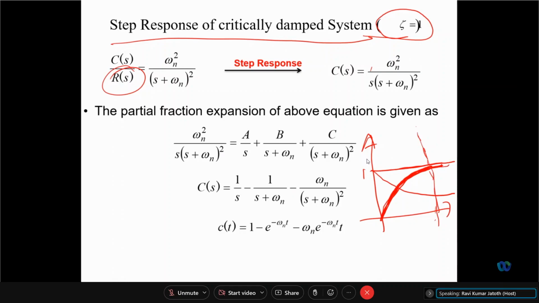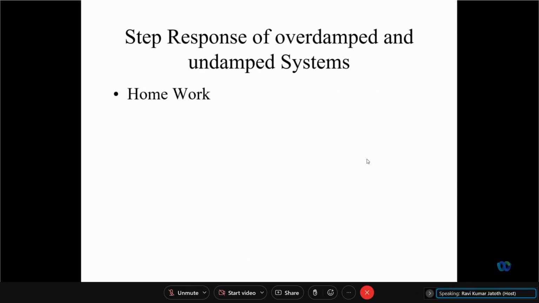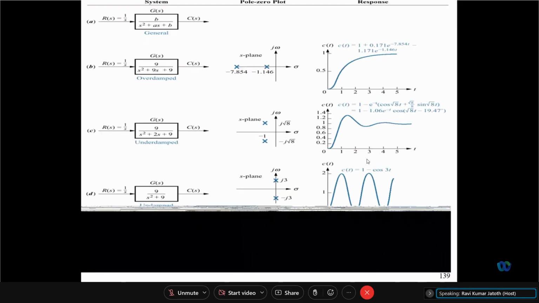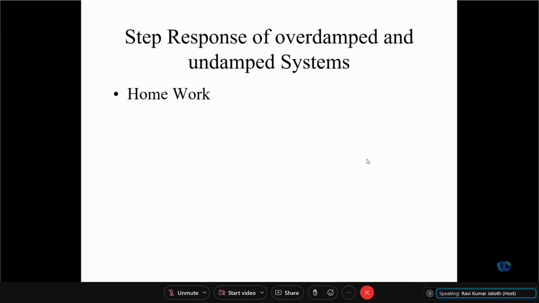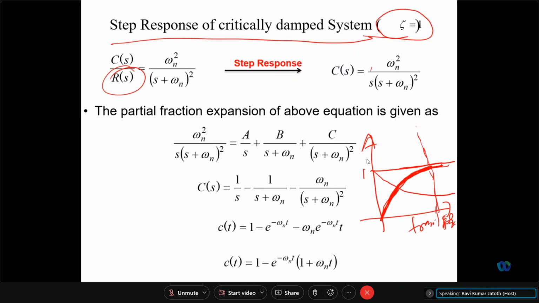Correct, no? So this is called transient response, and this is called settling, which means steady state response. So when you try to plot it, it is 1 minus e power minus omega n t by 1 plus omega n t, right? So this is what the critically damped response is, right?